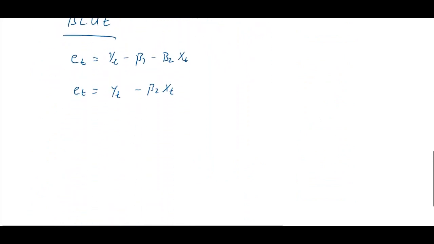then what we obtain here is that Et will equal the summation from i equals 1 to t of the error term e_y i, minus beta 2 times the summation from i equals 1 to t of the error term related to x.